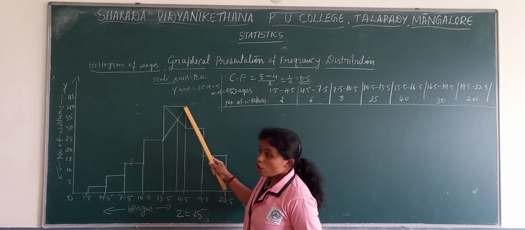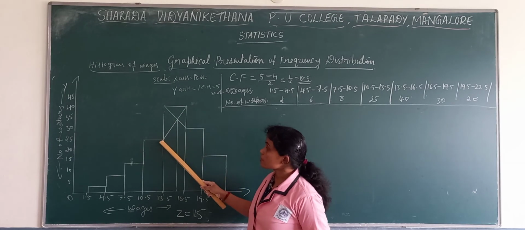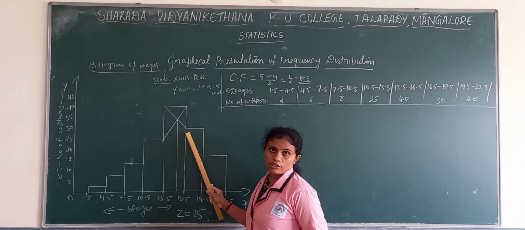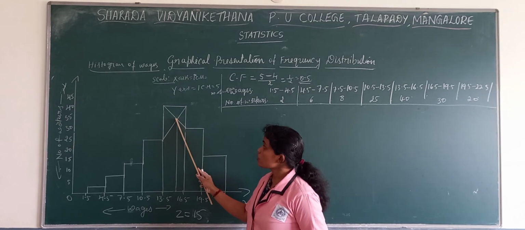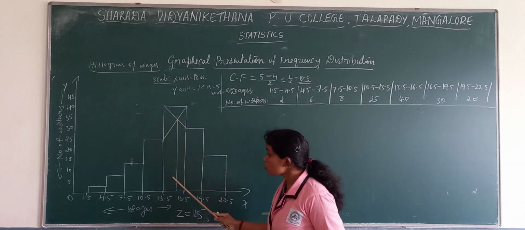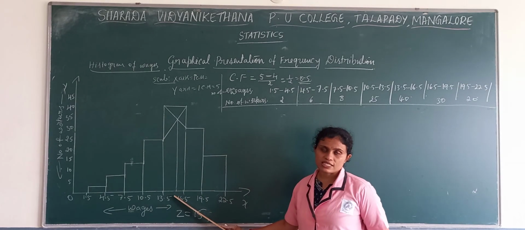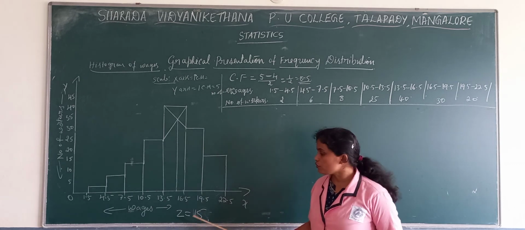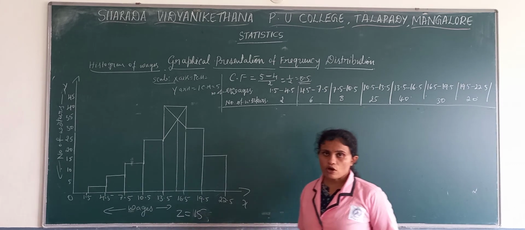From this corner to the opposite rectangular bar's corner, draw lines. Where these two lines intersect each other, draw a vertical line towards the x-axis. The value you get at that point is the value of the mode.